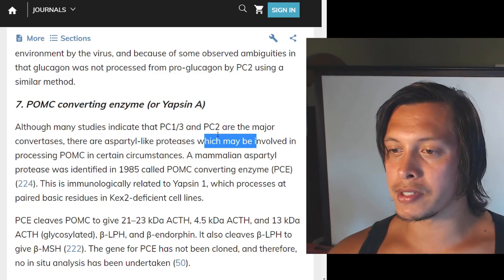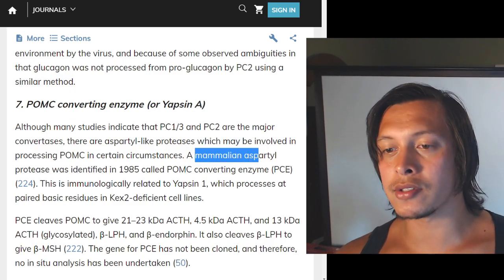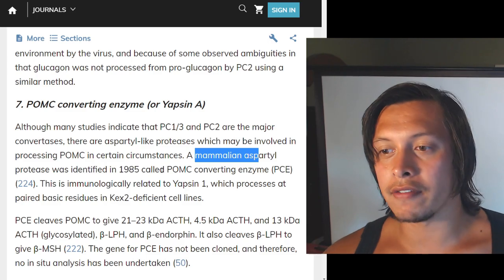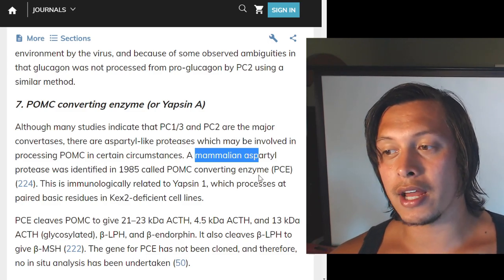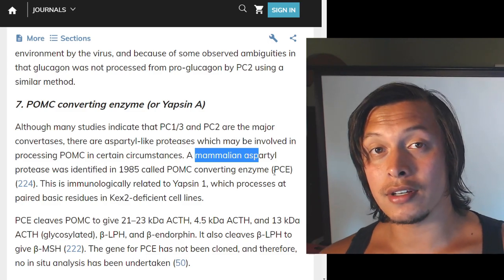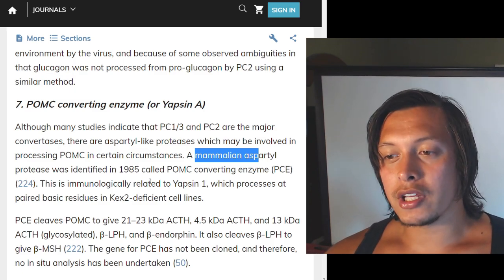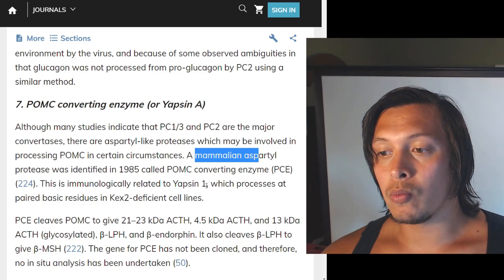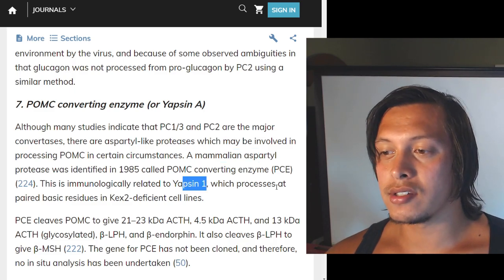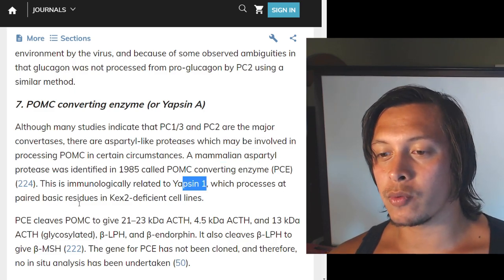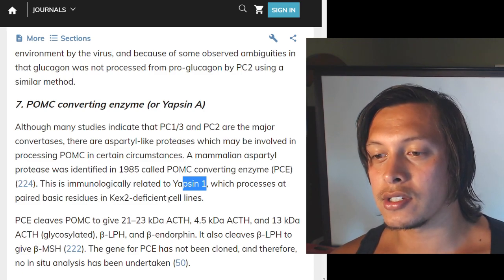So, what would those circumstances be? A mammalian aspartyl protease was identified in 1985 called POMC converting enzyme, so PCE. This is immunologically related to Yapsin-1, which processes at paired basic residues in KEX2 deficient cell lines.